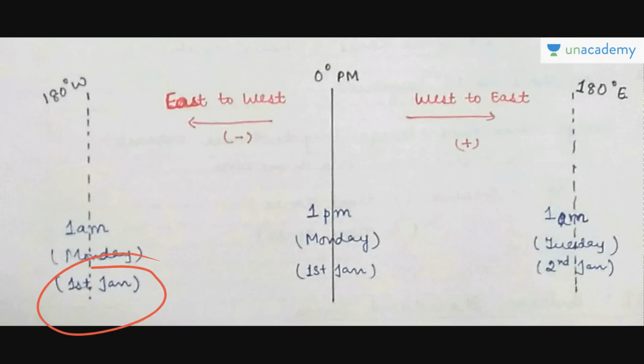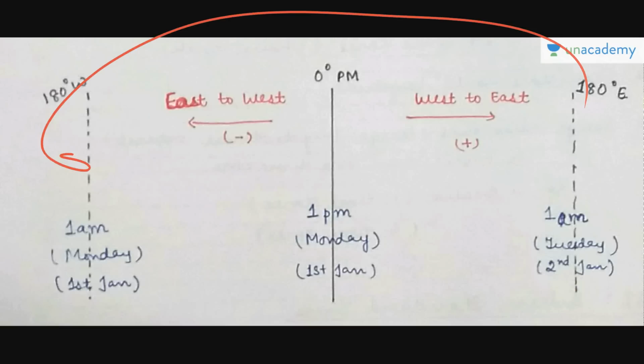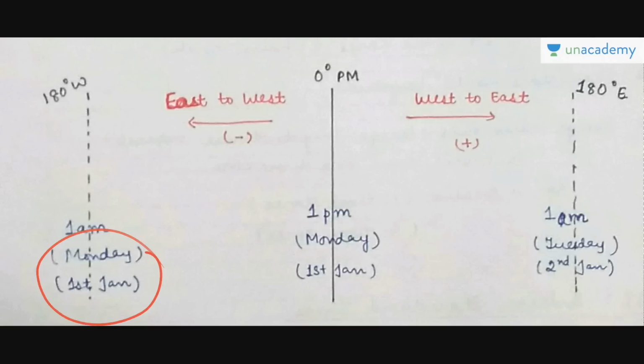Now how is it a gain of a day? You will say that the date is reduced, a day is reducing. So how is it a gain? It is a gain in the sense that at this line the day is 2nd of January, and when you cross it, you get 1st of January.